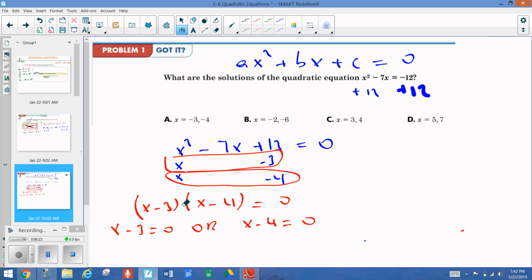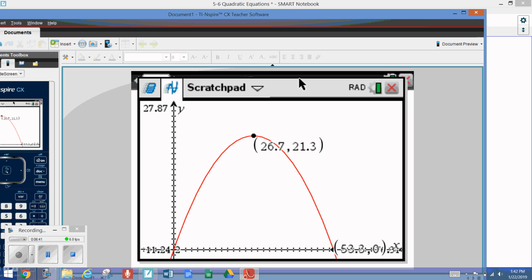Even though there are variables, we know that these are numbers, and 0 times anything equals 0. So when I solve this, x equals 3 and x equals 4. Does that make sense? 3 and 4, keep that in mind.